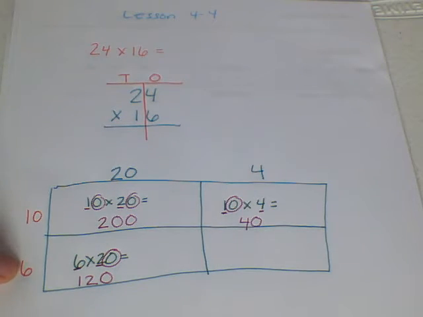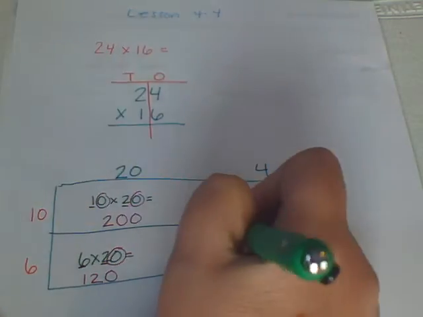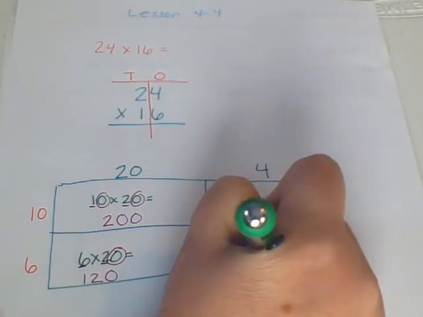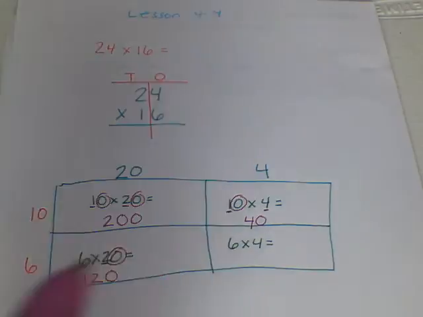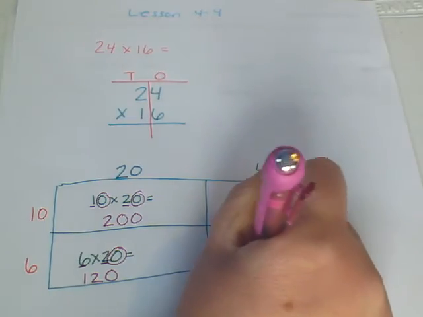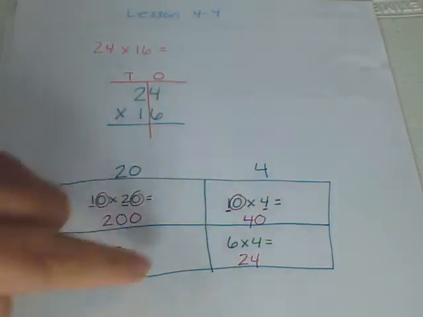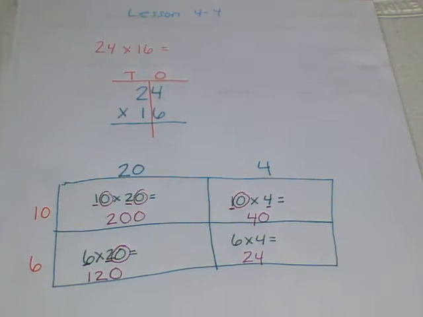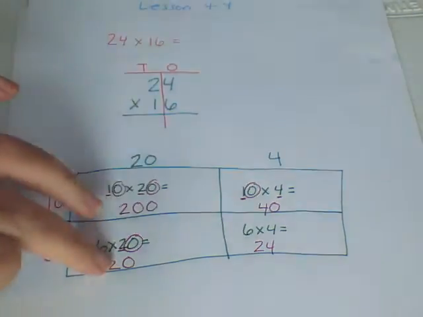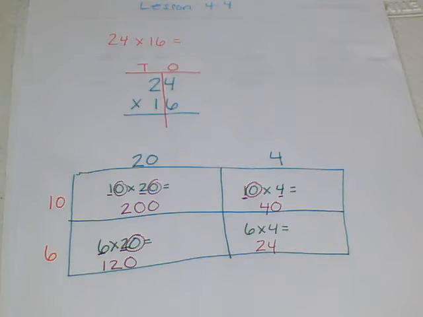And now I'm going to do 6 times 4 ones. And I know that that equals 24. So if I look here, I have 4 partial products. I have to take all 4 of those partial products and I have to add them together.